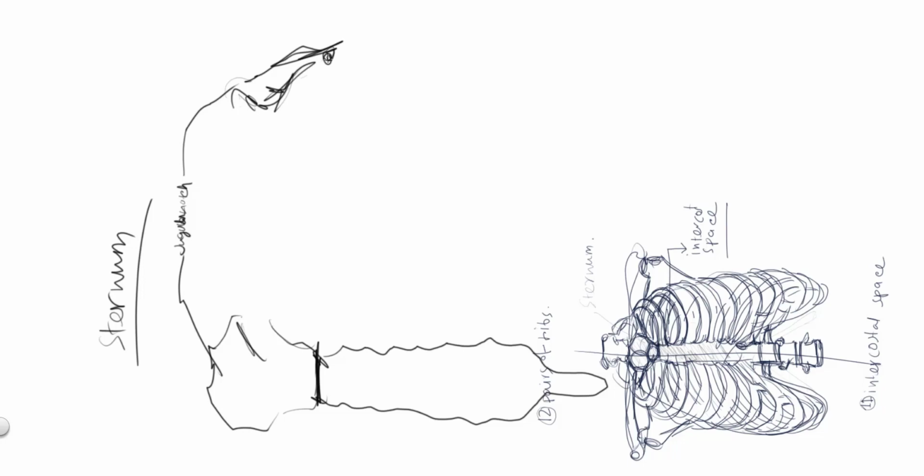This circle is actually a notch, the fourth notch, the fourth costal notch. So this is the fourth costal notch, and it looks something like this.